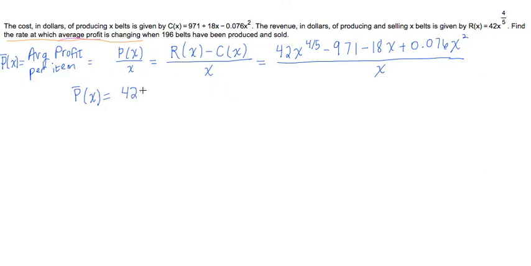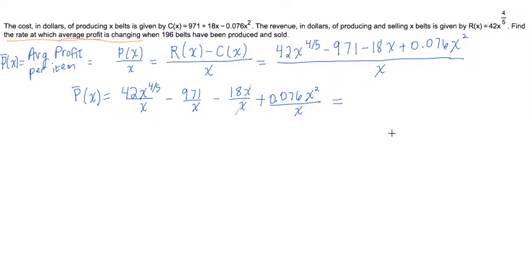Got 42x to the 4/5 over x minus 971 over x minus 18x over x plus 0.076x squared over x. I'm unsimplifying average profit by splitting it into 4 terms. And let's go ahead and simplify each of these terms individually.